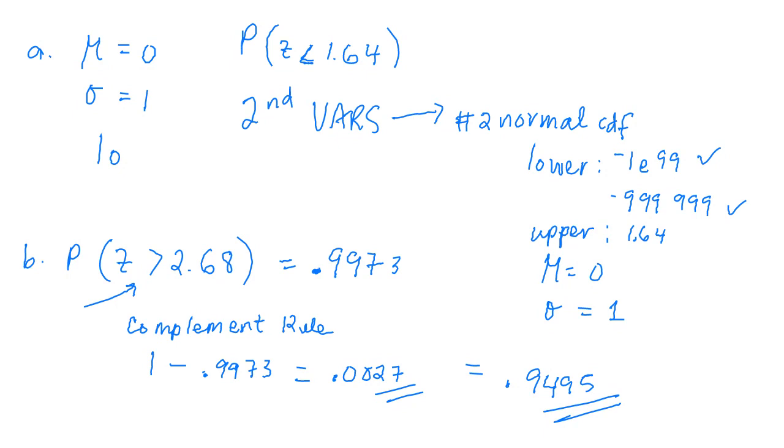You might have different numbers there, but the next one is letter C. The probability that your z-score is between 0 and 0.37.